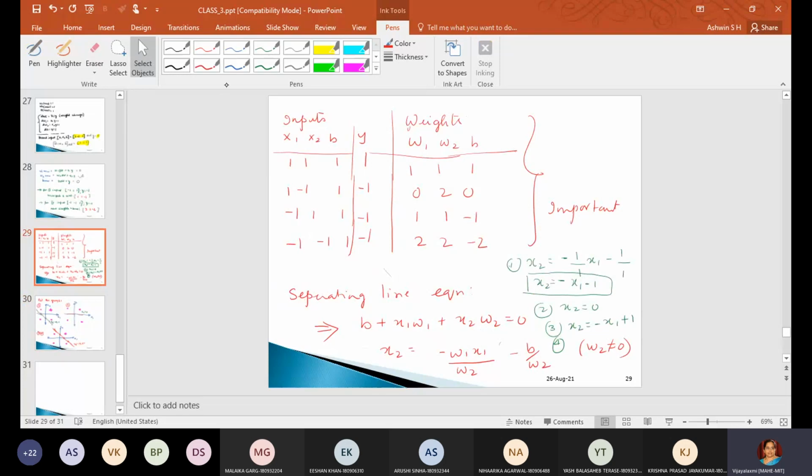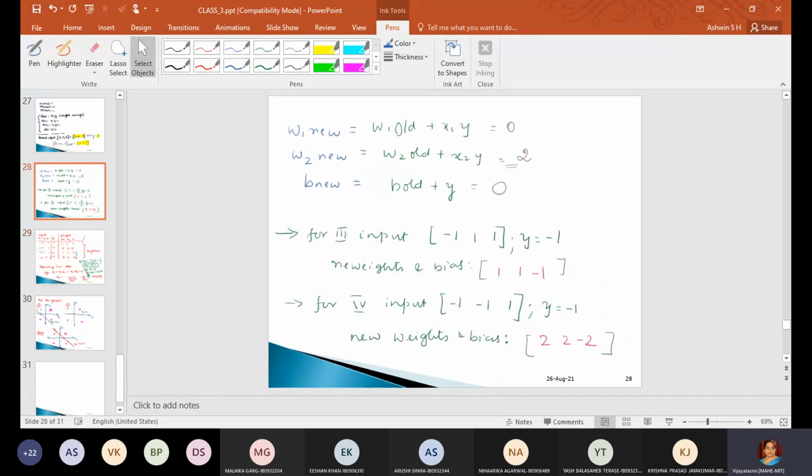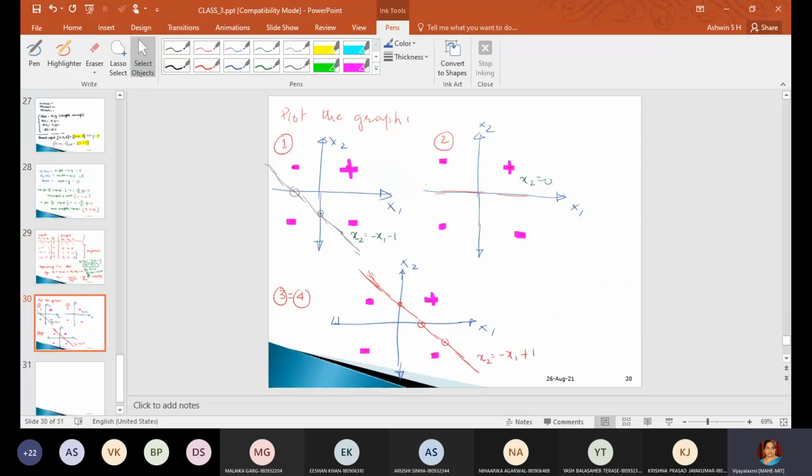Just for your analysis, see the weights 1 1 minus 1 and 2 2 minus 2. It is almost the same, this is just doubled, right? That is why you have got the same graph. So with this we can conclude that we can consider the last, the third case, and assign the same weights to our neural network model.